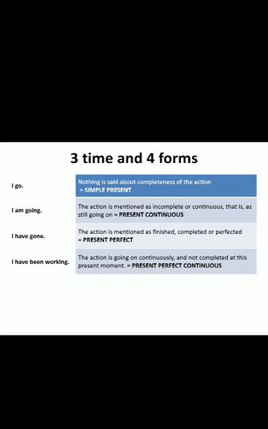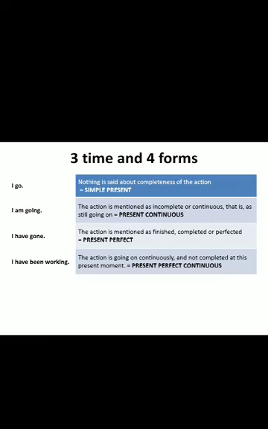First one, simple, which describes the action or event as simply as possible. Then continuous, or progressive, in which the action mentioned is shown as an incomplete one or in a state of still progressing. Then we have perfect, in which the action is shown to be a completed or perfected one.